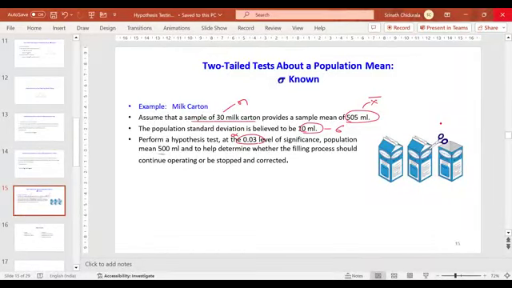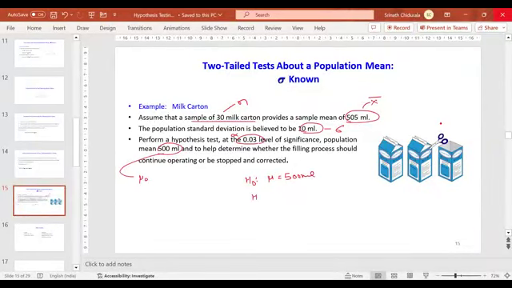The population mean is given, which is 500 ml. So it is the given population mean, which is equal to mu zero. And this is to help determine whether the filling process should continue operating or be stopped or corrected. So they are just interested in whether they are meeting this particular value or not. Here your null hypothesis says that your actual mu is equal to 500 ml.